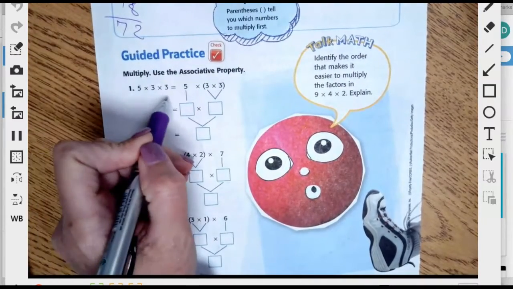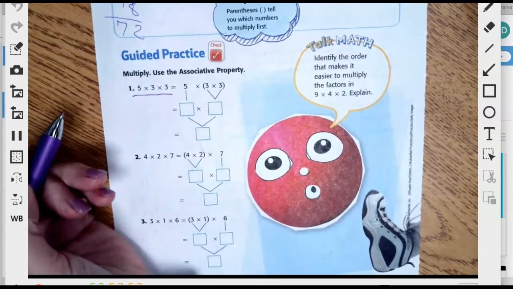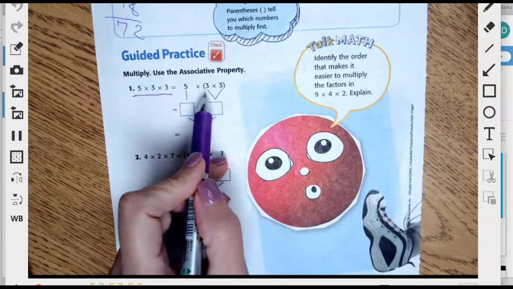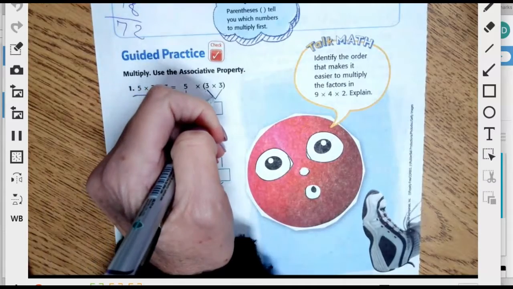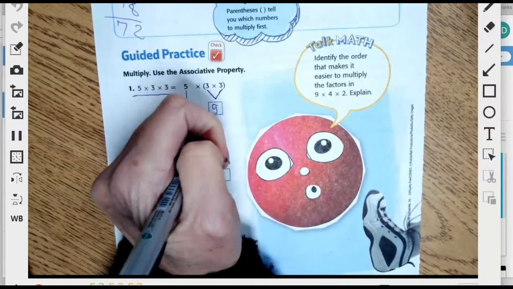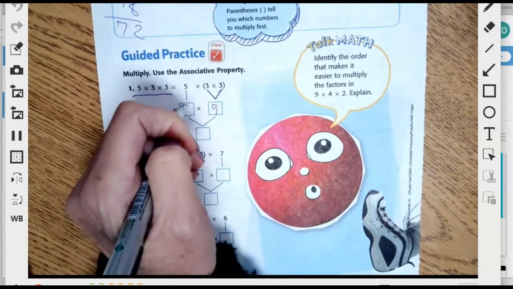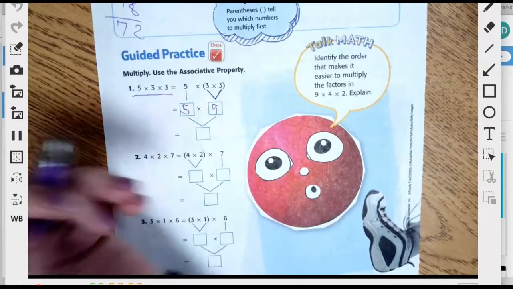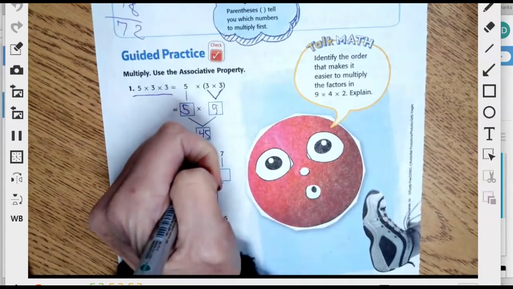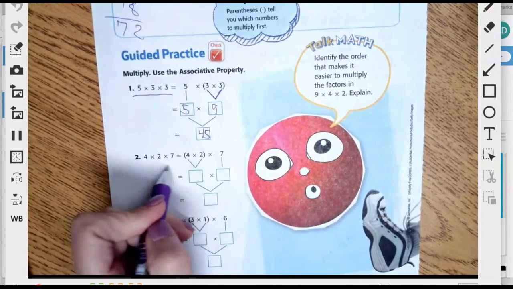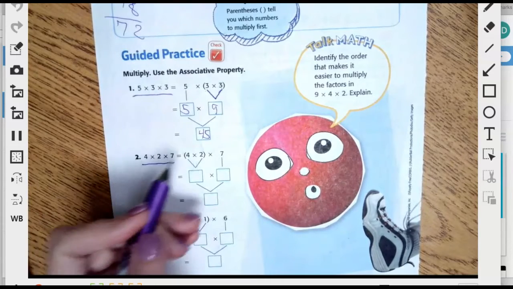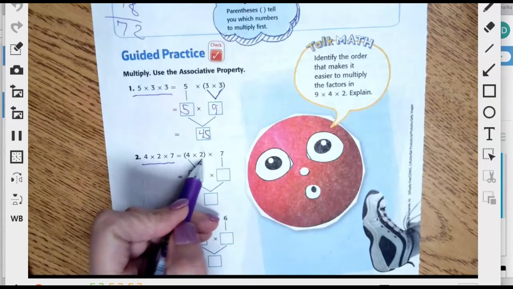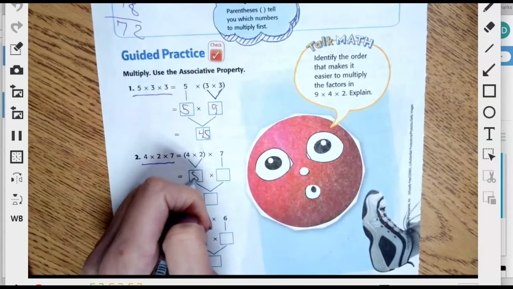All right, next problem under guided practice. So our number sentence is 5 times 3 times 3. So they want us to do this grouping first. So 3 times 3 is 9. Drop your times sign and your 5. 5 times 9 is 45. On my number sentence, 4 times 2 times 7, they're going to have us do 4 times 2 first, because 4 times 2 is 8.